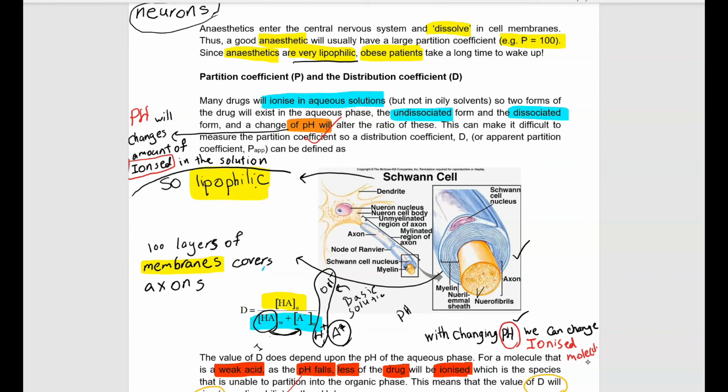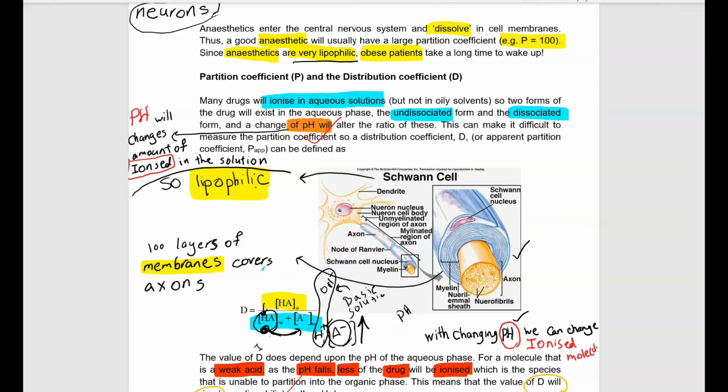So the concentration of A minus increases. If we take some of these molecules from here, some of the molecules will come to the water from the octanol.